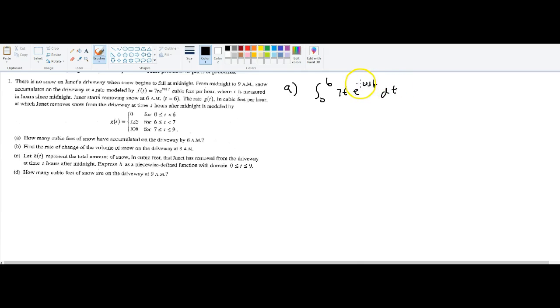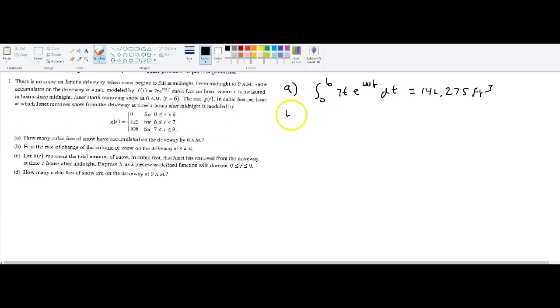Why do I say you use your calculator? Good luck. U equals cosine t ain't going to be solved by this. There's nothing that's going to get you out of this mess. So you slap that in your calculator, you hit equals, and if you do it correctly, you should get 142.275 feet cubed. All right. Done.